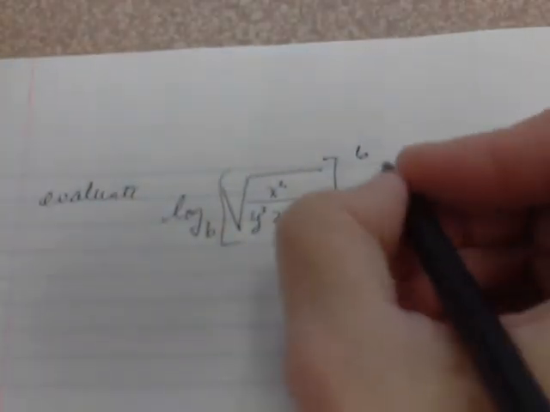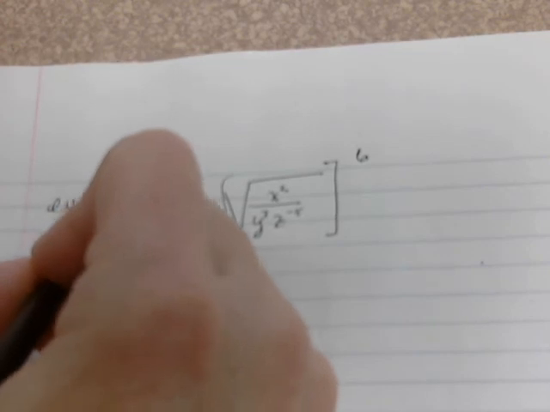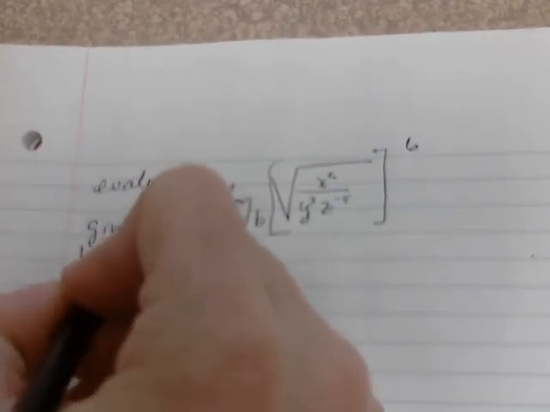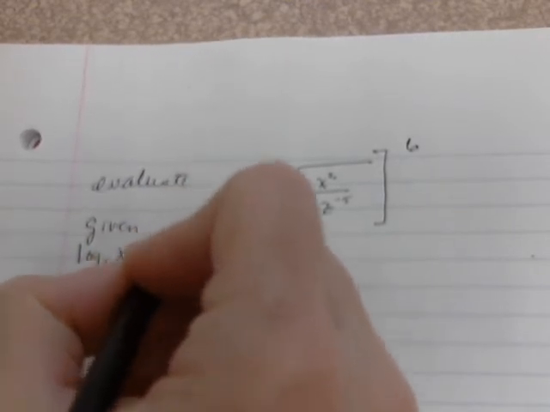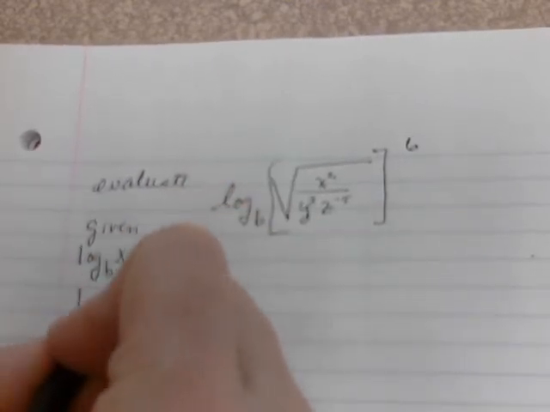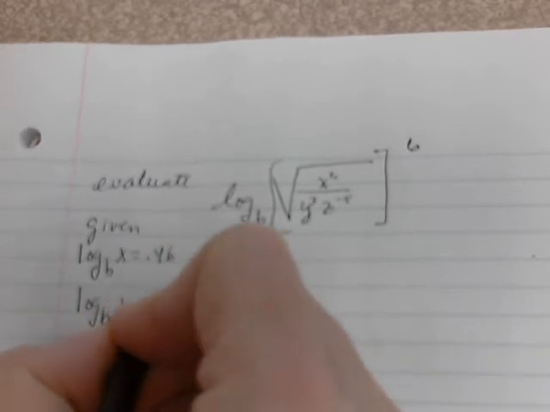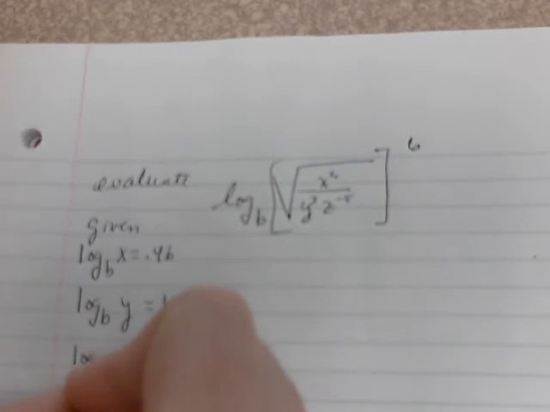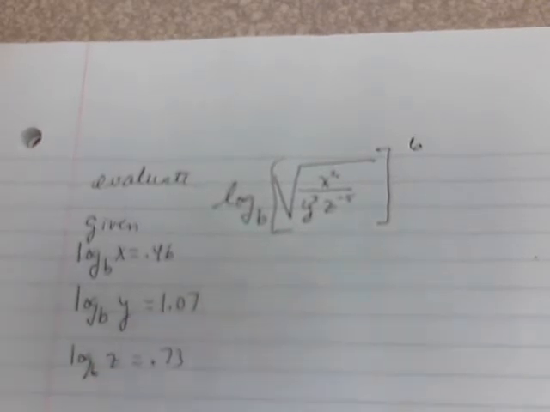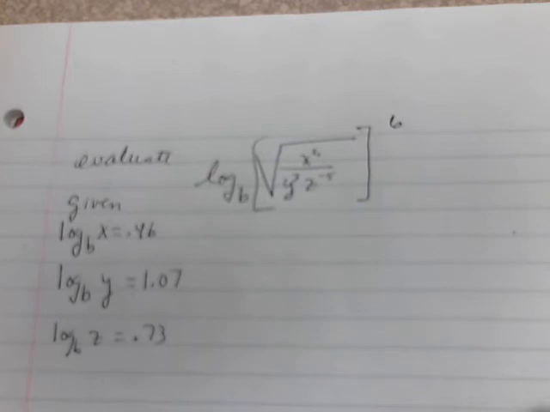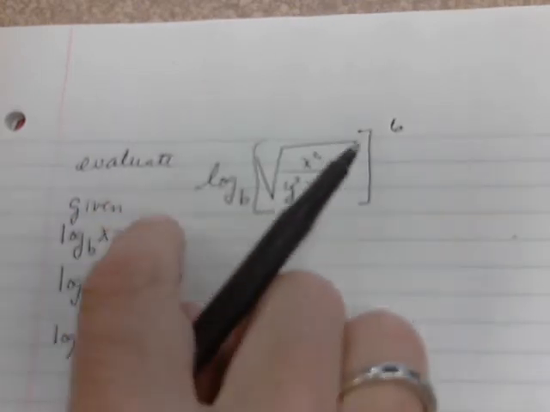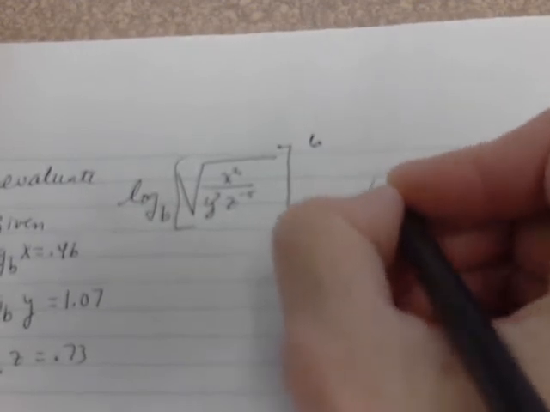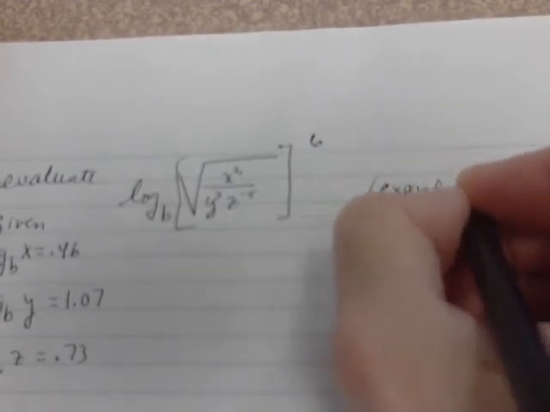We're going to evaluate that given 3 facts. The first fact is that the log base b of x is equal to 0.46. The log base b of y is equal to 1.07, and the log base b of z is equal to 0.73. And this is going to come out to be a number after we expand it and then substitute these values in. So our job is to expand and substitute.